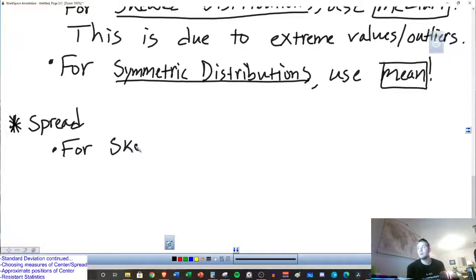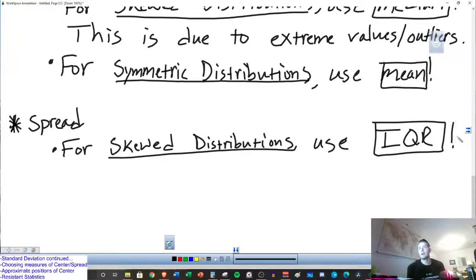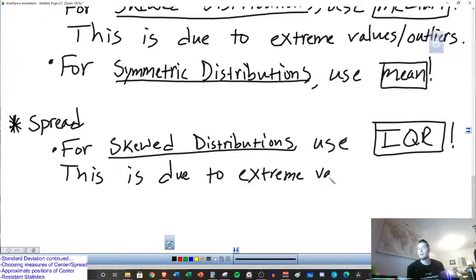So we're going to say skewed distributions use IQR. This is due to extreme values, outliers.